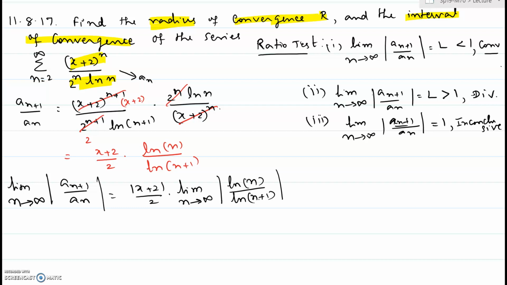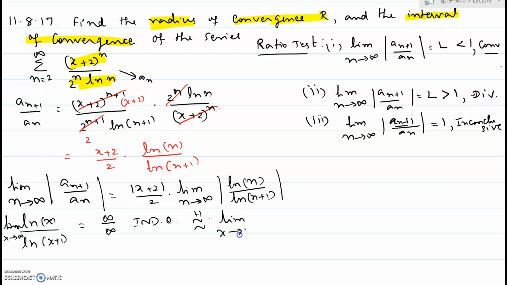So let's consider the related function for this one. We are going to consider ln x over ln of x plus 1, and then allow x to approach infinity. As it is, it's infinity over infinity, which is an indeterminate quotient. So we apply L'Hopital's rule: the derivative of the numerator over the derivative of the denominator. The derivative of the numerator is 1 over x, the derivative of the denominator is 1 over x plus 1.